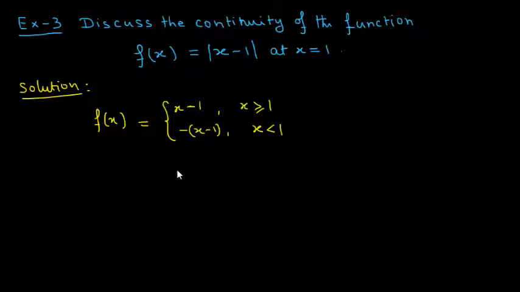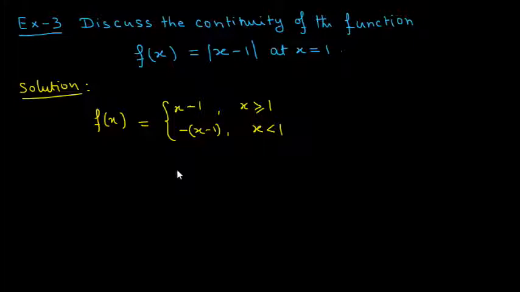So why have we written this? Due to the modulus. Inside a mode, whatever the value of the object inside it, either plus or minus, the answer will be in plus. So modulus of x minus 1 can have two values, either x minus 1 or minus x minus 1.